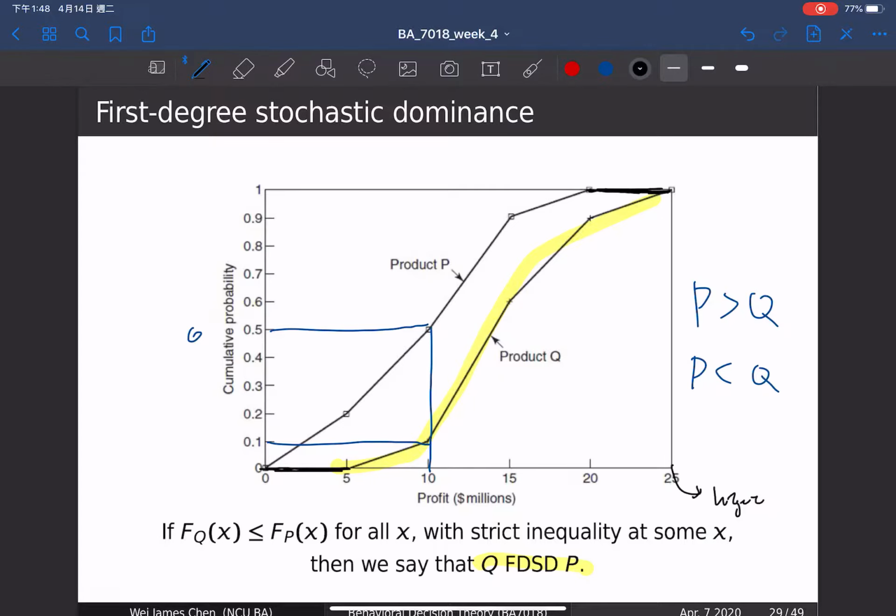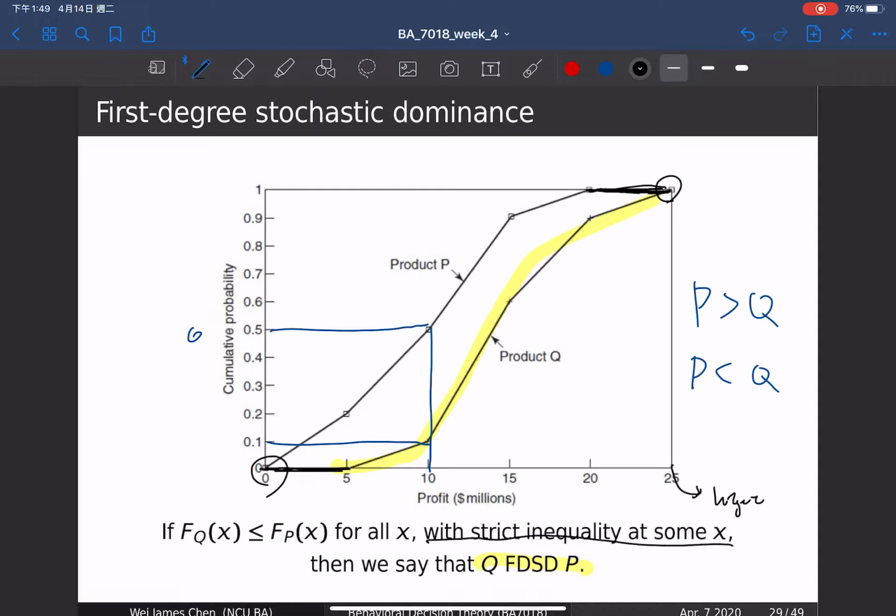Understand what I'm saying? That's why it says with strict inequality at some x, not with strict inequality at all x, because it must be with equality here, for example, and it also must be with equality at the origin. So it cannot be inequality everywhere.